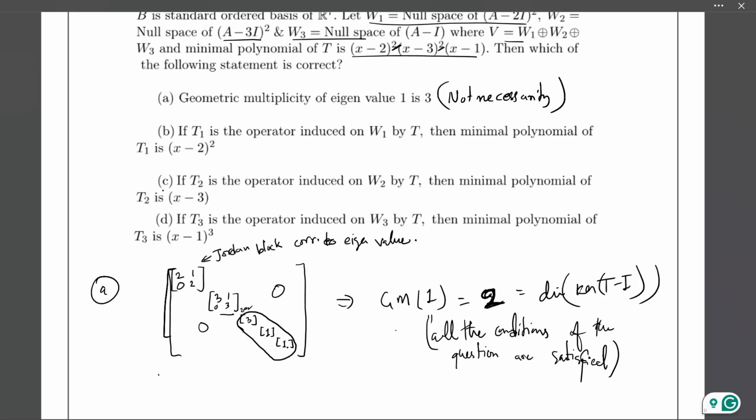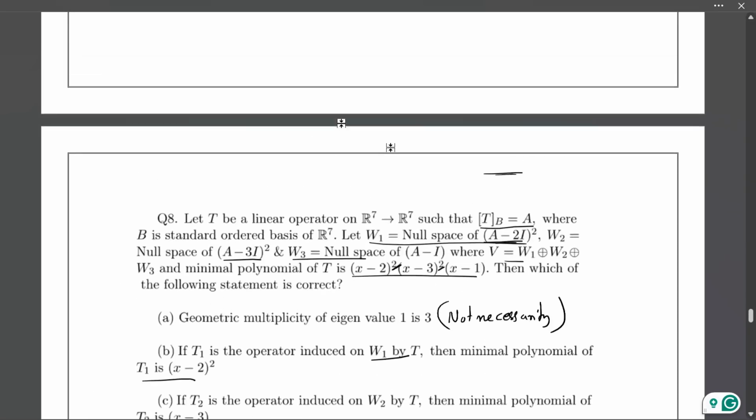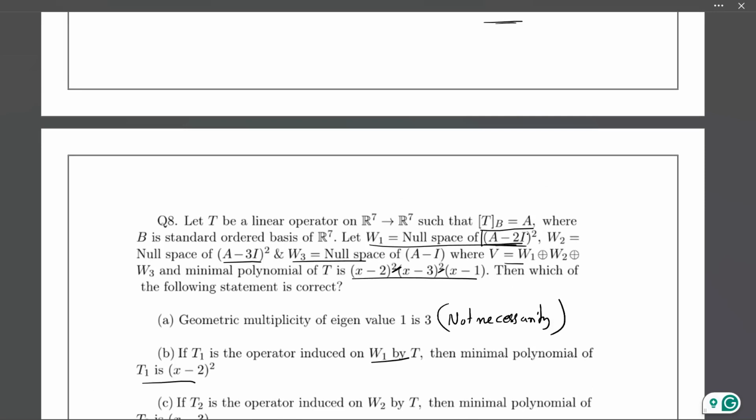Now what is left? Oh, this is the primary decomposition theorem itself. The restriction operator has a minimal polynomial given by this. P1 corresponds to W1, which corresponds to (A minus 2I) power 2. Okay, so the second option is correct. This is the primary decomposition theorem: for the restriction operator, P_i power r_i will be the minimal polynomial for T_i, right?